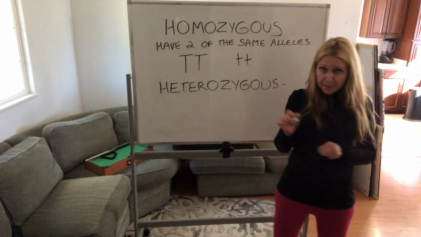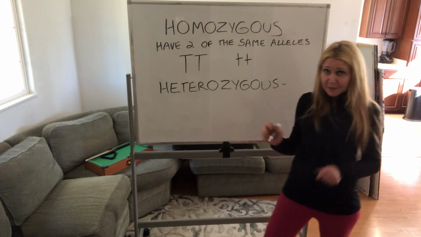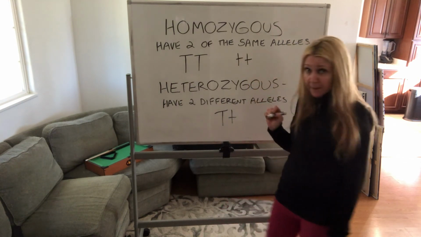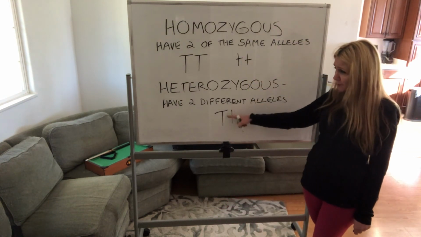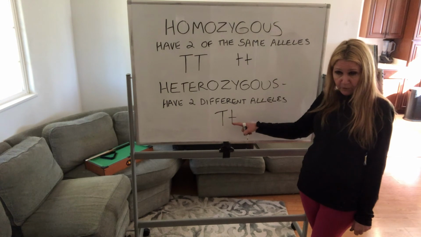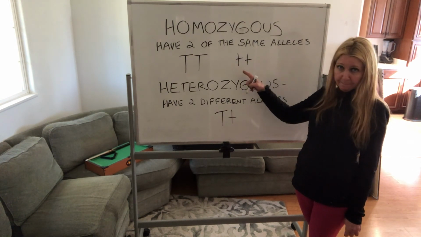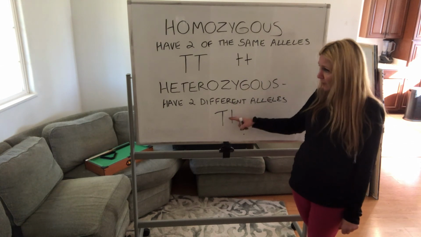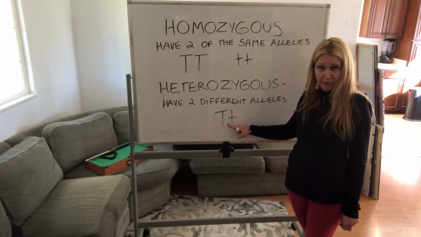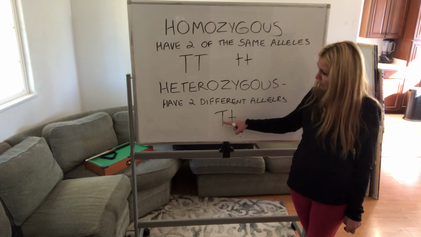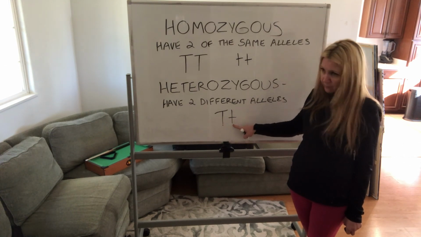Heterozygous, you have two different alleles. Hetero means different. Homo means same. So heterozygous, you have one of each. In this plant, you'd have one gene for being tall, one gene for being short.